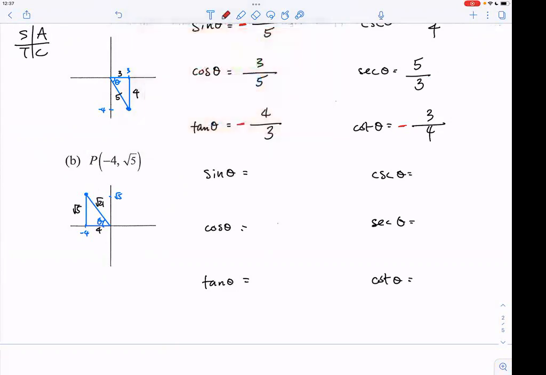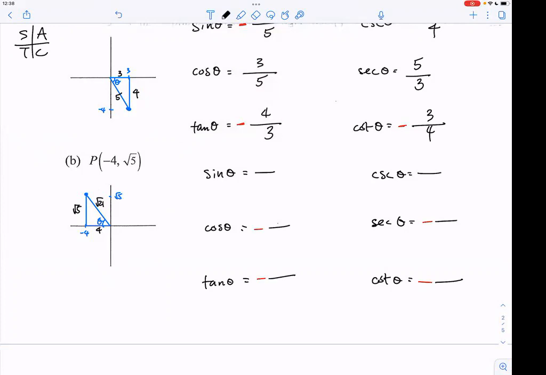So can you tell which function is positive, which one is negative? Sine and cosecant are positive. So the remaining 4 must be negative. And we'll go ahead and fill in the ratios. And if we need to rationalize, we will rationalize.